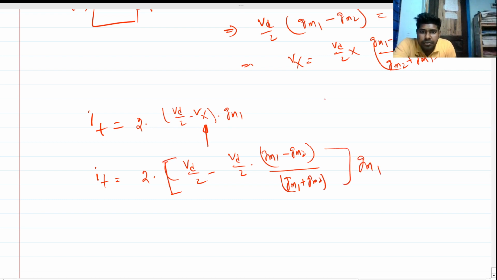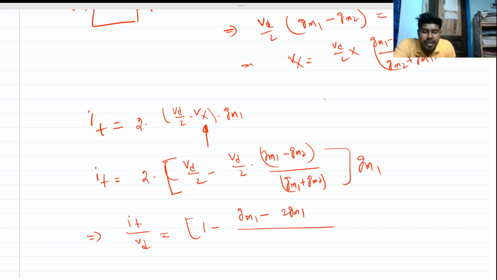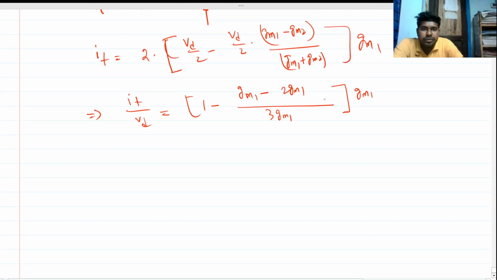Now these two cancel, so we can directly write It by Vd will be nothing but 1 minus (Gm1 minus Gm2). Gm2 is nothing but 2 Gm1, right? So this will be 3 Gm1 times Gm1.